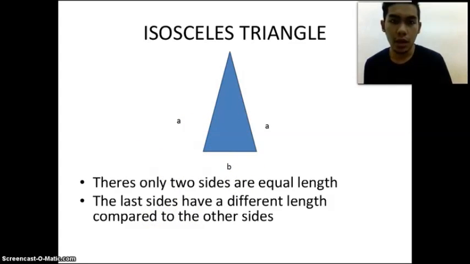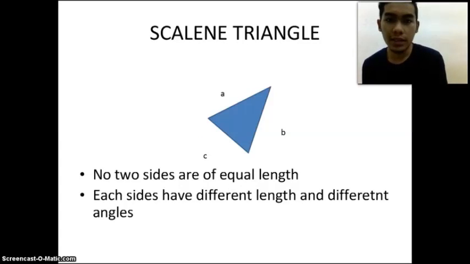Okay, next I want to talk about scalene triangles. These triangles are different from previous triangles. It means that these triangles have different lengths between each of them. As an example, if this side is 6 cm, this side is 4 cm, and the other side is 3 cm.